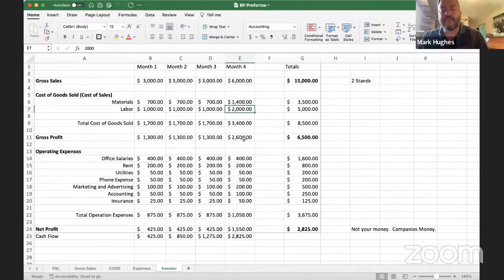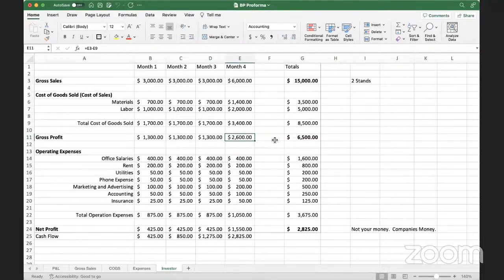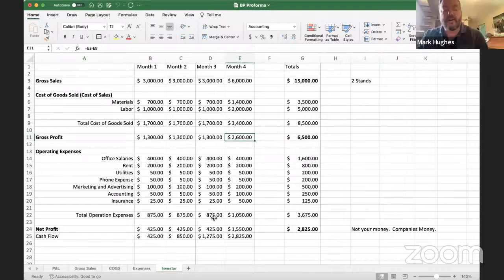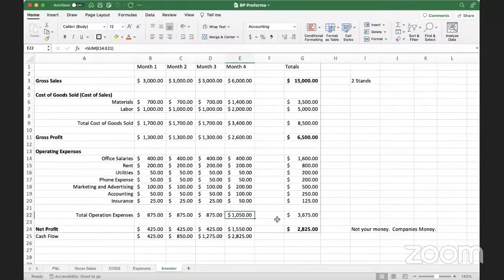So your gross profit went from 1,300 kwacha to 2,600 kwacha. But your operating expenses only went from 875 to 1,050 kwacha.